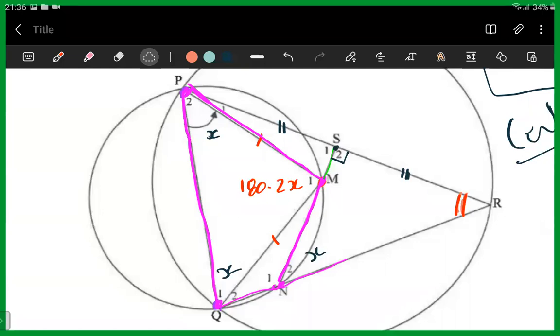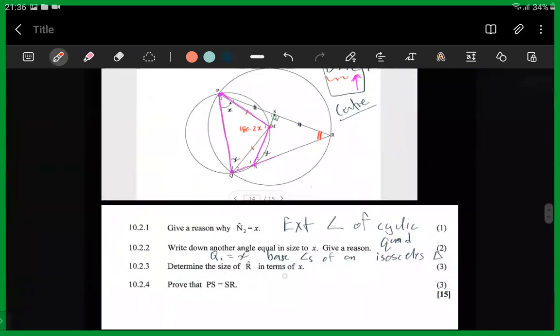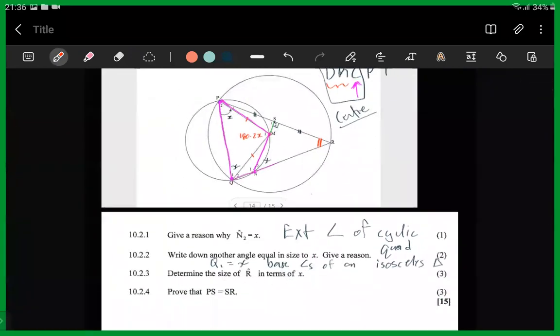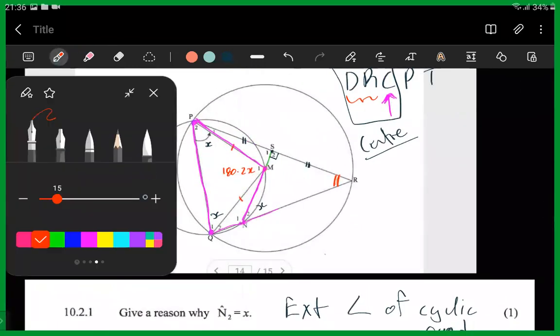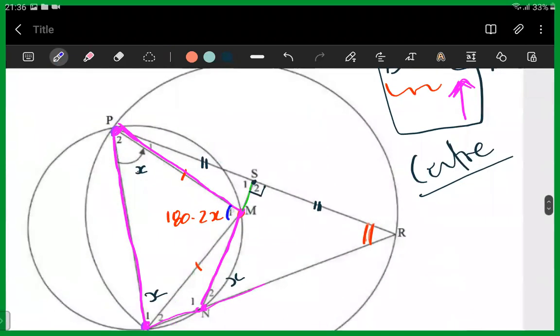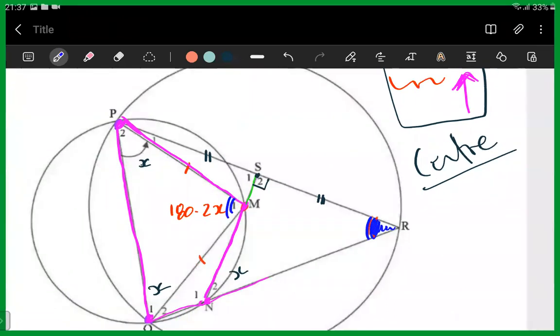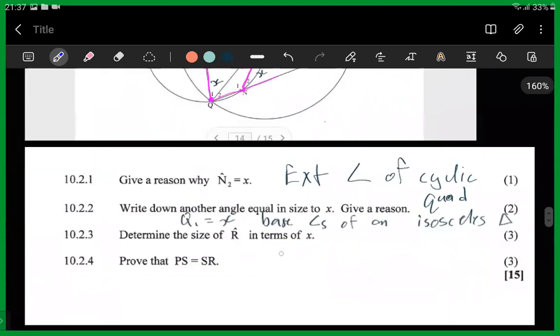You would say 180 minus x minus the other x, which is 180 minus 2x. Now, since we're talking about R, you cannot get R without getting this one, which is why you were thinking of saying 2x: you were trying to say we should just double this one to get this one, which is all we need to do. So 180 minus 2x, we're just going to double it.